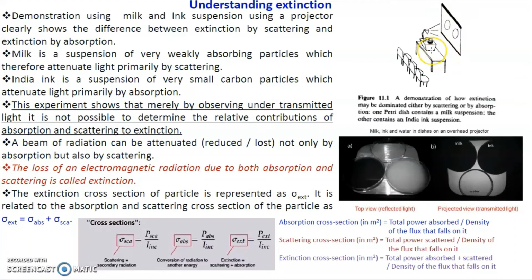Here you can see the image in transmitted mode because the bulb is inside this box, and you can keep some transparent material here, on which you can write something, so that it gets reflected by this mirror and you can project it.